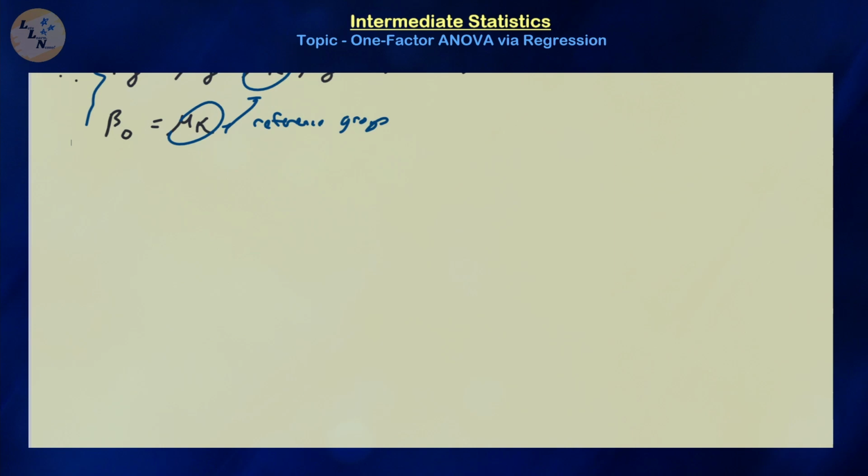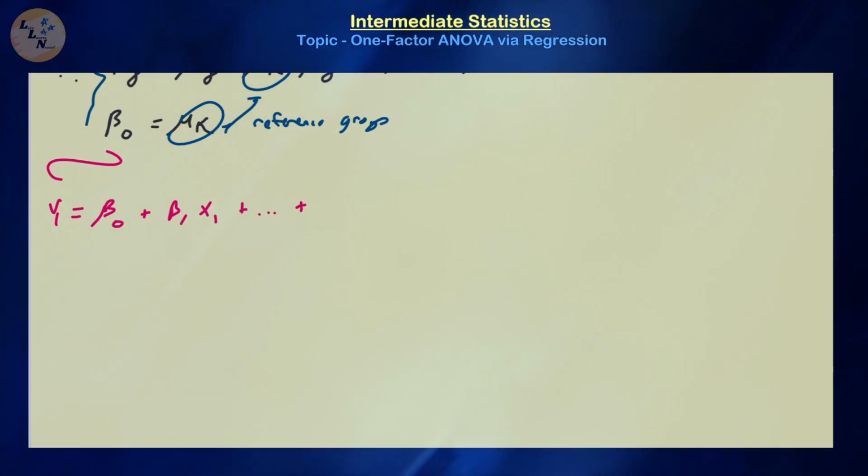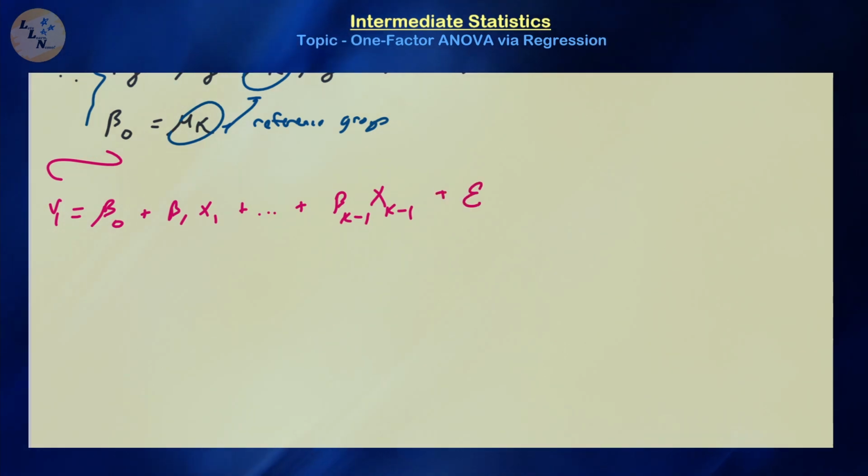Right? So let's just take another look at our multiple linear regression model, but from the mean perspective. So remember, y was equal to beta 0 plus beta 1 x1, all the way down to, say, beta k minus 1 x k minus 1 plus epsilon.